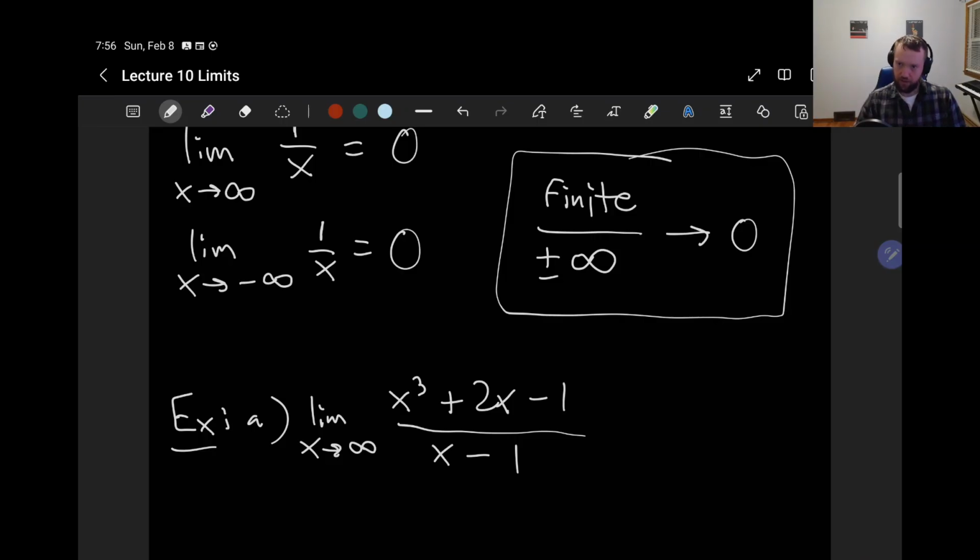So instead, what we have to do is a little manipulation. The trick is to find the highest power of x that you can in this whole thing, so x cubed, and then you divide everything by that. So I'm multiplying the entire numerator by 1 over x cubed, and you have to do the same thing below. So again, this was finding the highest power of x that we could find, and we're dividing it off.